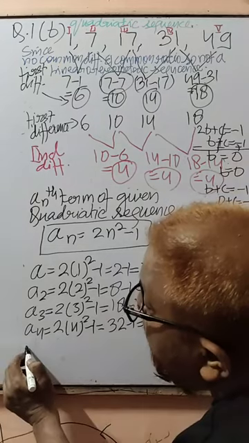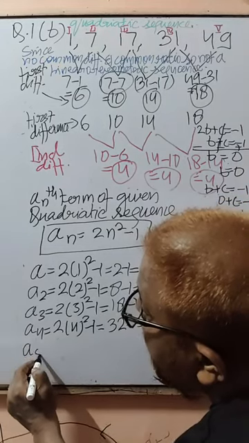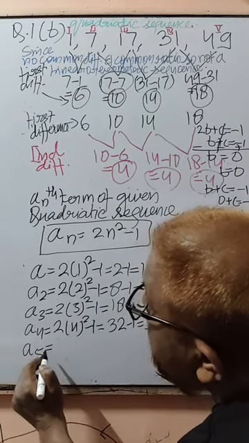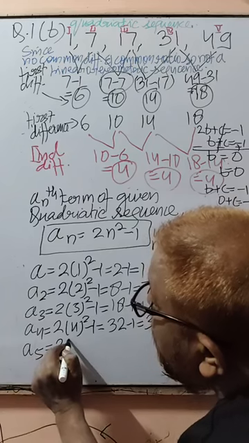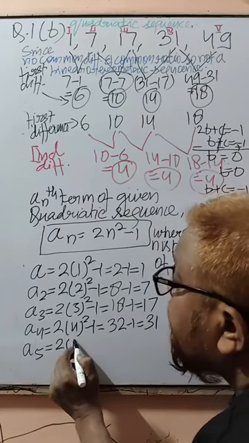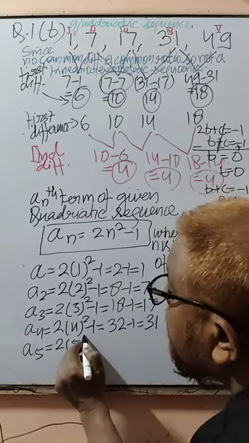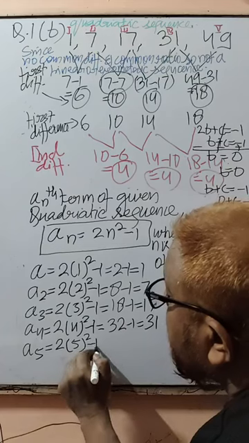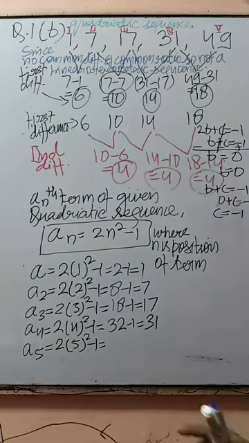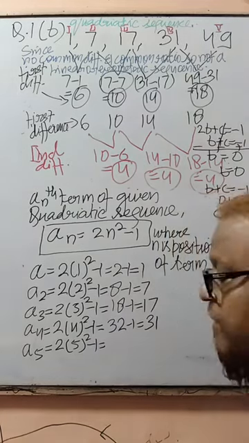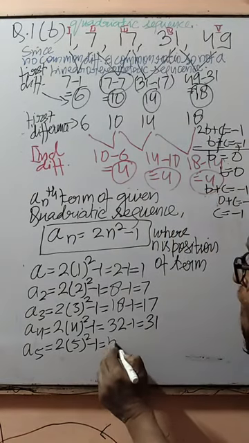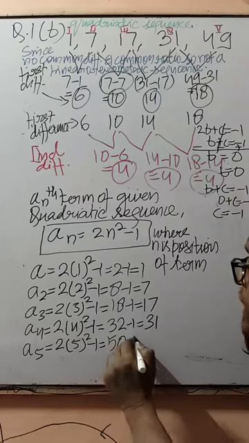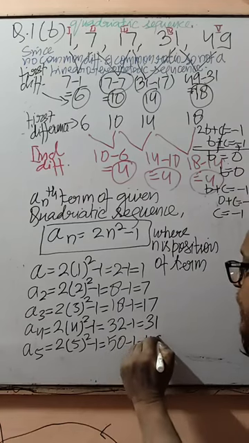And we have the fifth term is equal to 2 into 5 squared minus 1. 5 squared is 25, and 2 times 25 becomes 50. So 50 minus 1 is equal to 49.